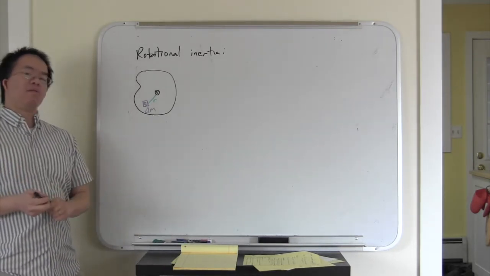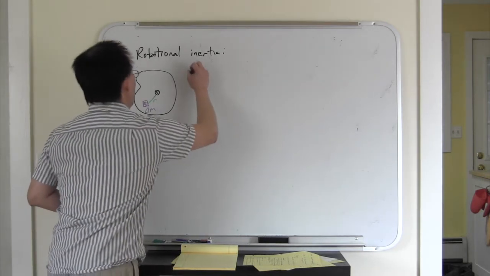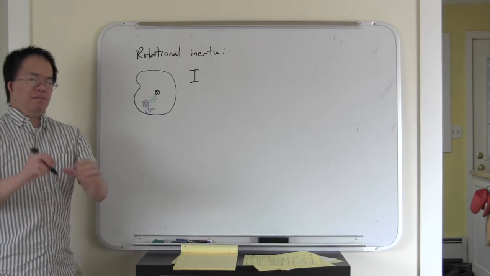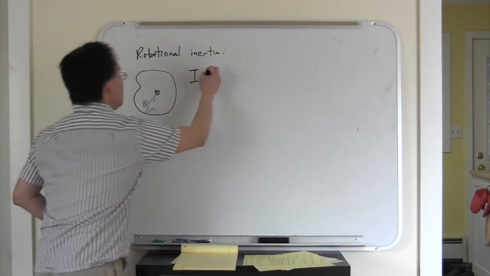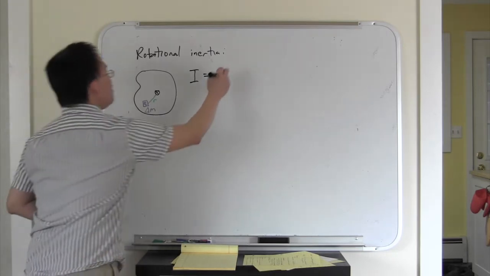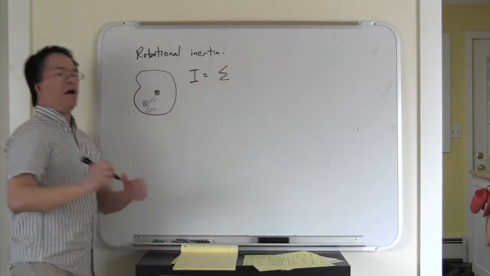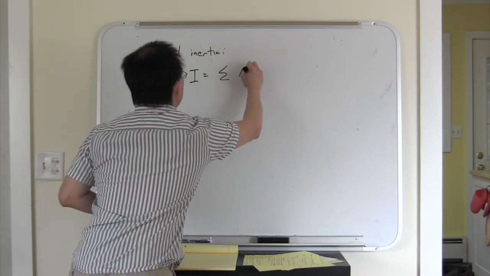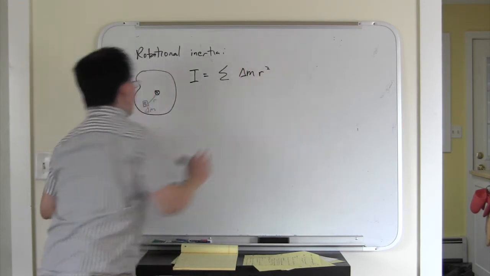You did learn in 117 that for an object that is made up of discrete masses, I goes like the sum over all of the elements in the object of delta m r squared.